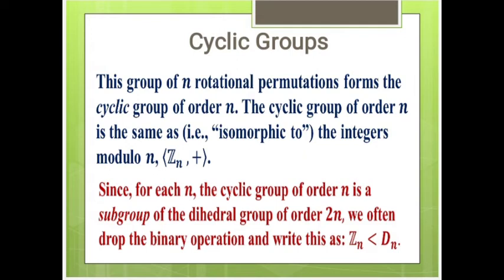This group of n rotational permutations forms the cyclic group of order n. The cyclic group of order n is isomorphic to the set of integers modulo n, and so on.